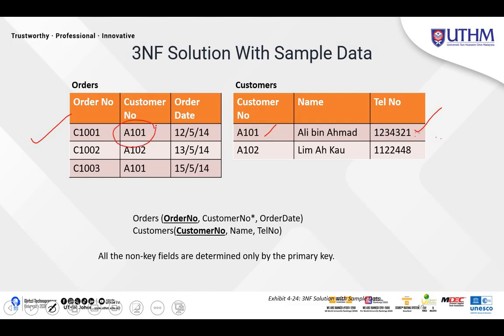The phone number or any other details are not shown in this table, so it won't affect it. So we are done with third normal form. We already achieved third normal form, so we write this in DBTL format. Just write orders: order number underlined, customer number foreign key asterisk, order date. Customers: customer number underlined, customer name, and telephone number.